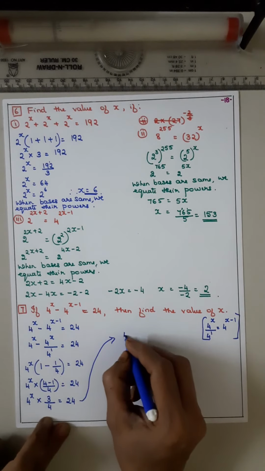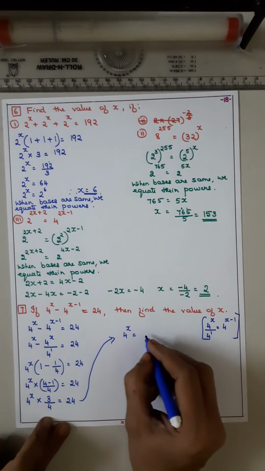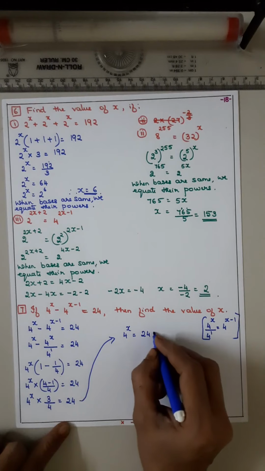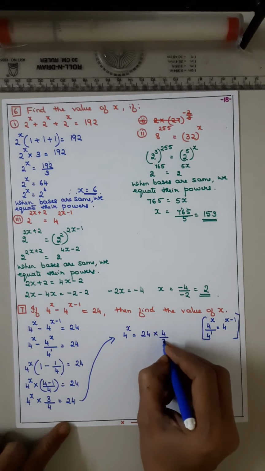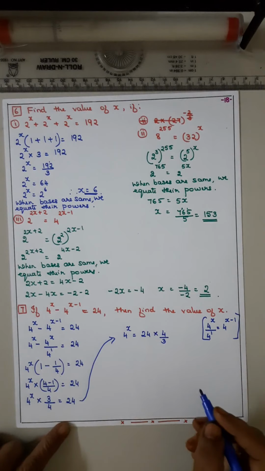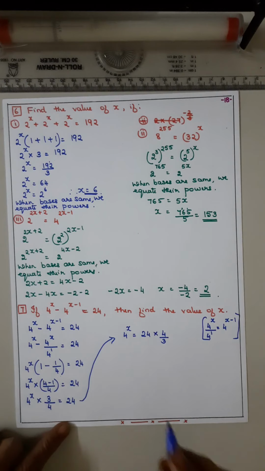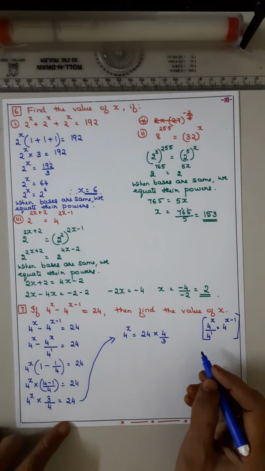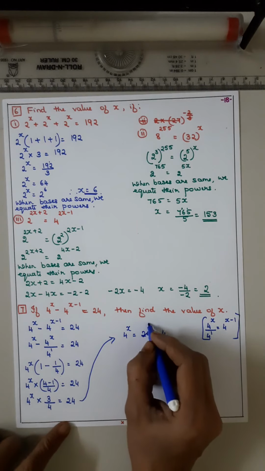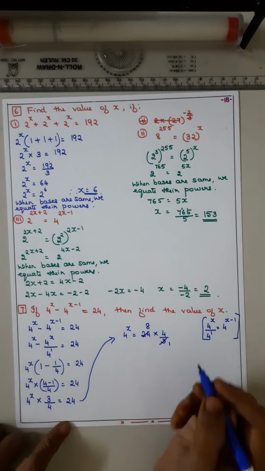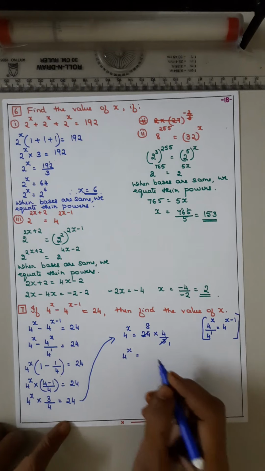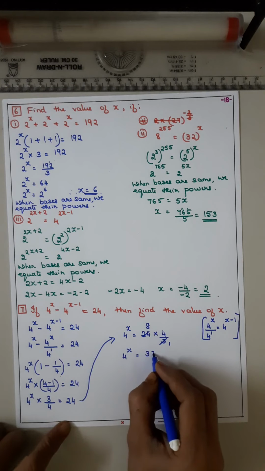Now 4 to the power x into 3 by 4 is equal to 24. When you take it to the other side, it becomes 4 by 3. Multiplication: when you take to the other side, the numerator goes to the denominator. Now cutting, 3 eights are 24, so you got 4 to the power x is equal to 8 fours are 32.